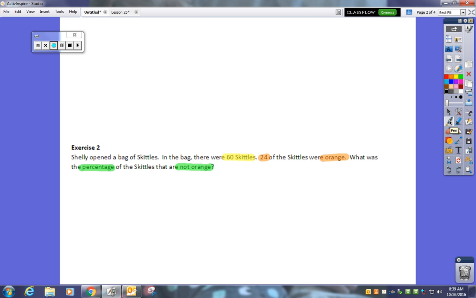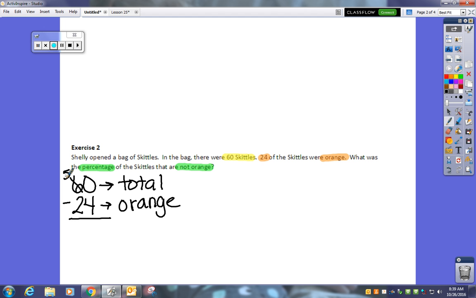We are looking to find not orange, so once again, we would take our total, subtract the orange, and that number that we get from that subtraction will give us the number that are not orange.